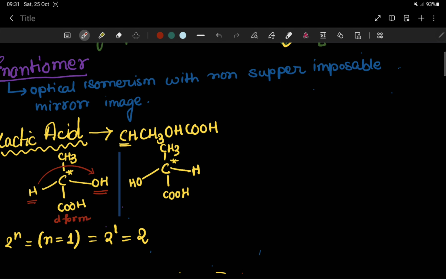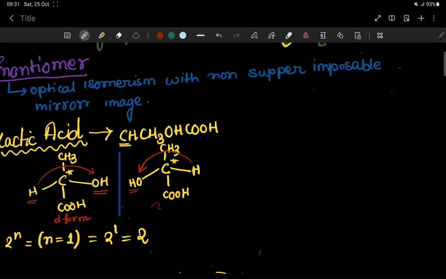Okay. And here you can see this is our hydrogen, and this is our alcoholic group. So how will you move from this to this? This time you will go in the anti-clockwise direction. I am going to teach you how to see these configurations in our RS configuration topics, so please wait for that.